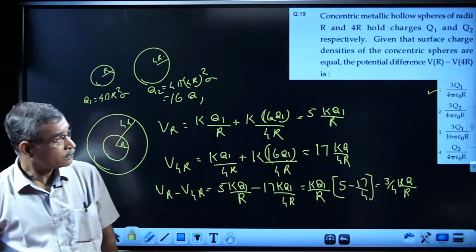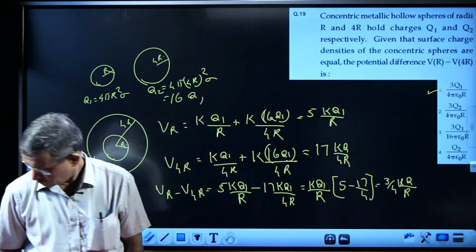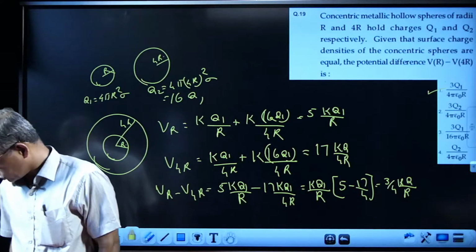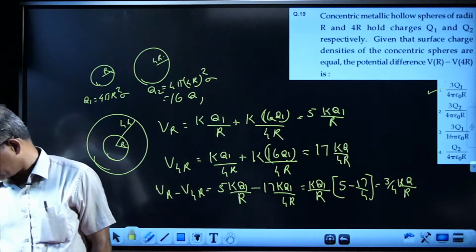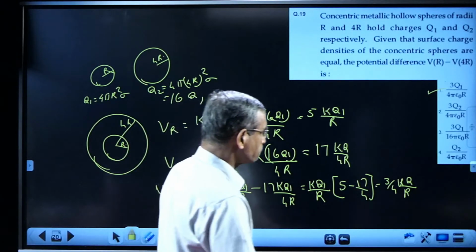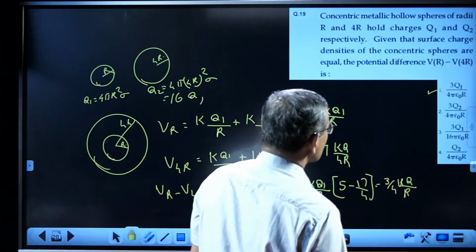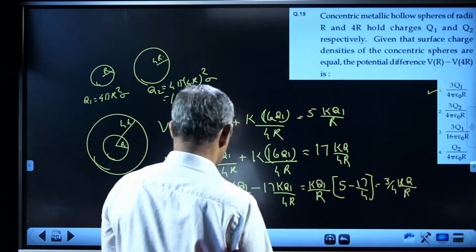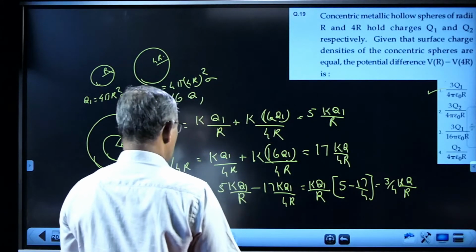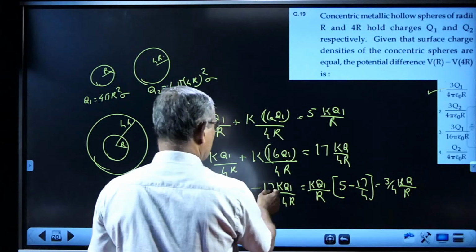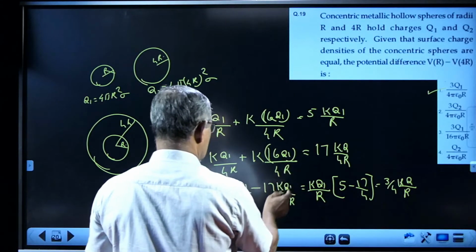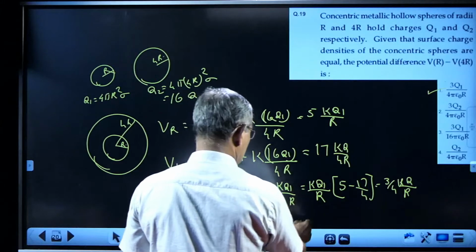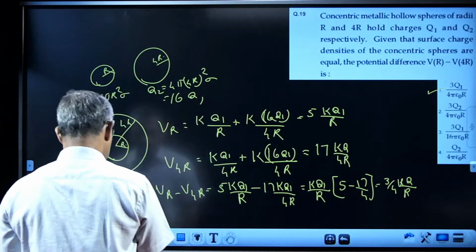Next question is question number 20. So if the subtraction is correct, let me see. So I'm doing 17 KQ by 4R. Yes. Next question.